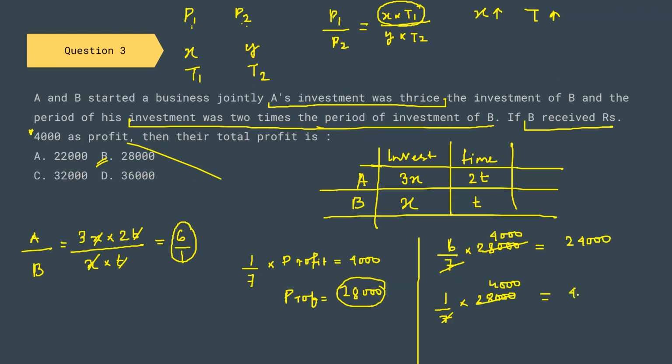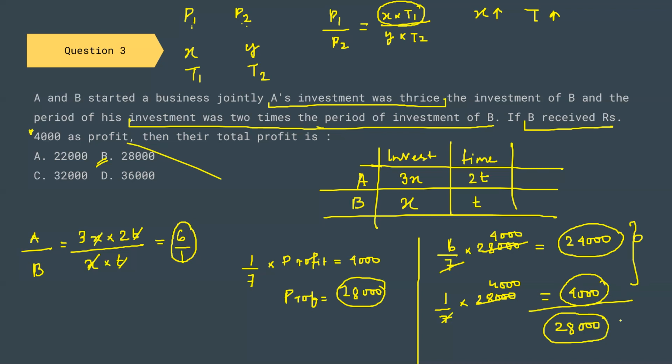So the total profit earned is 28,000. A has earned 24,000 and B has earned 4,000. So the total profit both of them together earned was 28,000. This is our final answer.